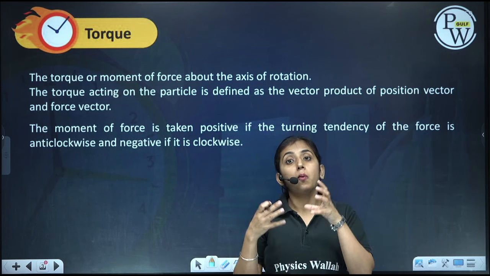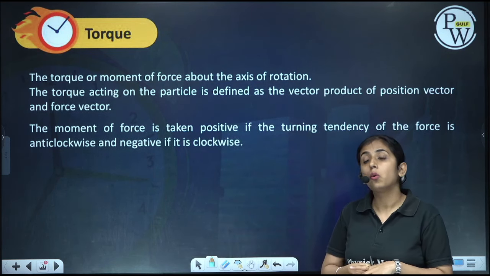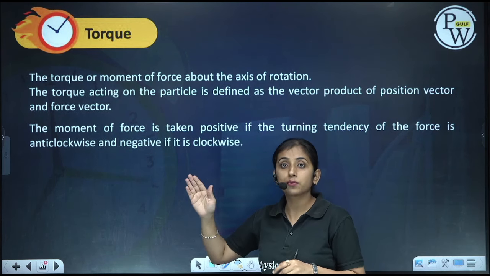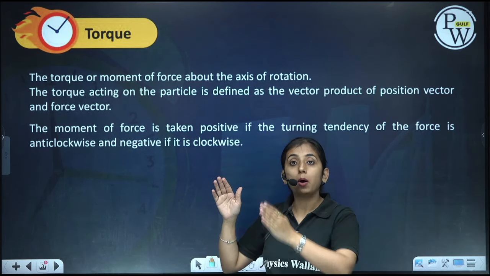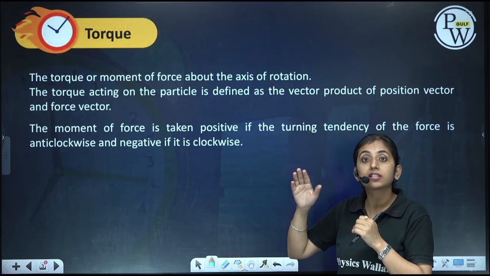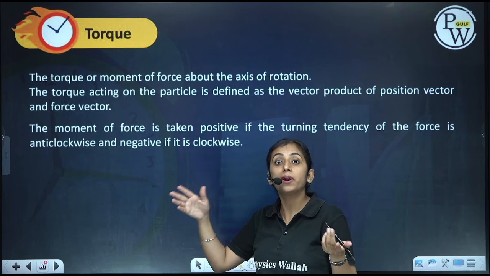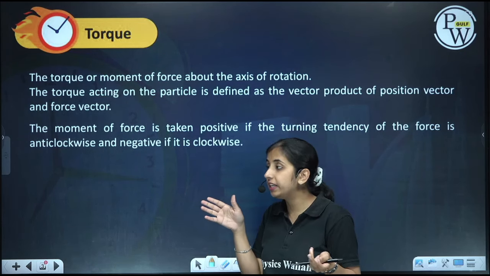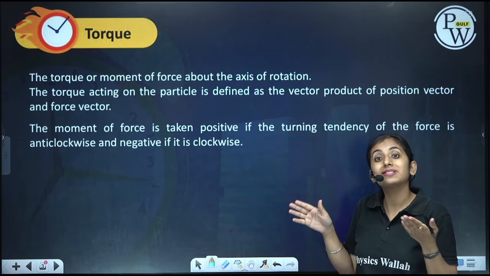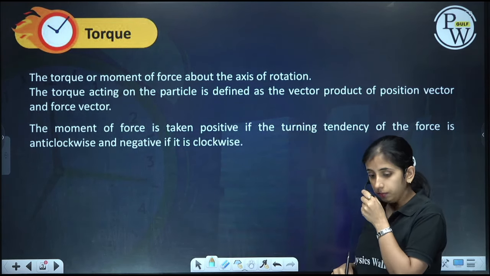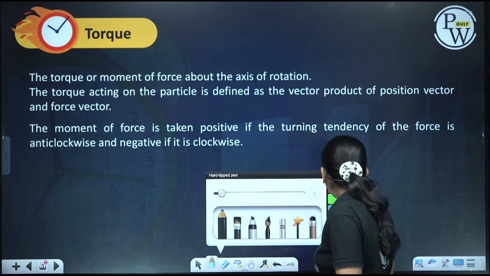So we can open the door only if we apply the force at some distance from the axis about which it is rotating, or at some distance from the hinge, and the force must act perpendicular if we want to rotate it easily, or we can say that force must act at some angle theta with the plane of the door. So this is determined by torque.